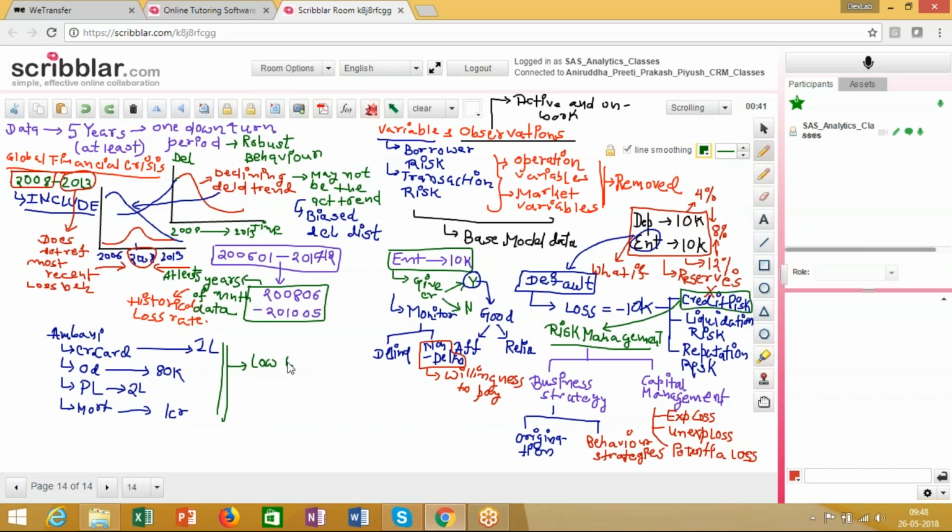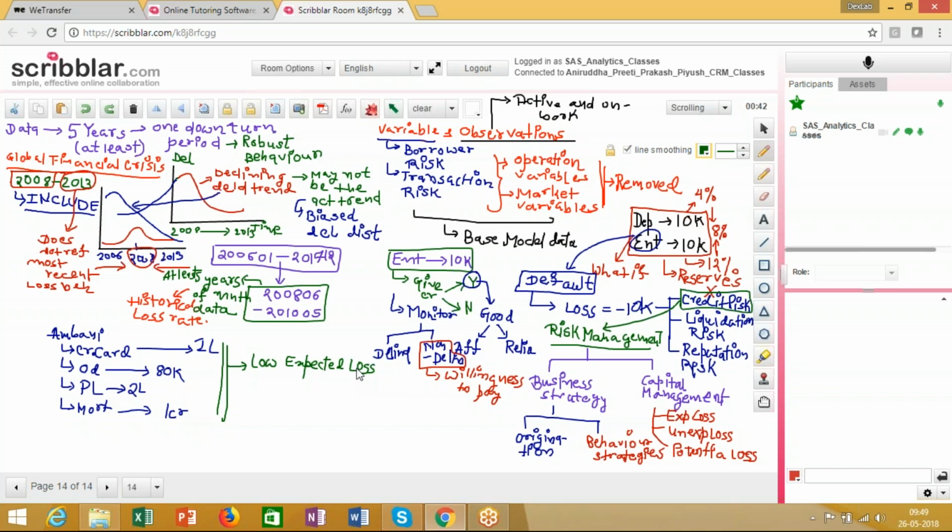Now, observe that this term expected loss is a very tricky one. It does not only talk about loss, but it talks about an expected loss, a loss which you would expect that this account would have, where you are framing your conjecture of the loss that you can get from this account on some basis.